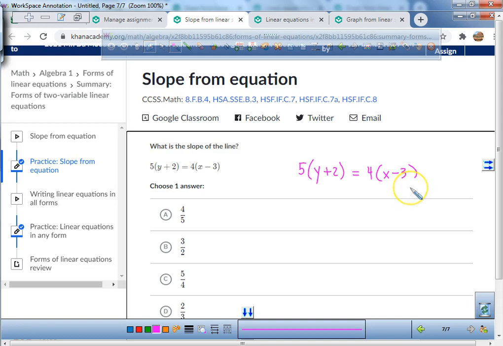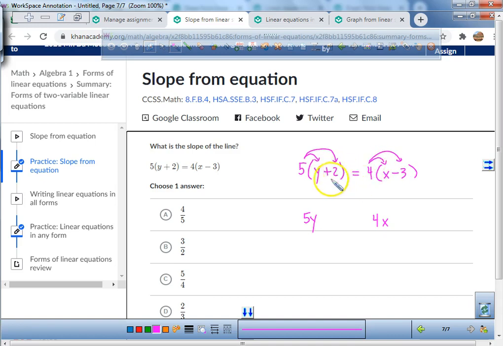All I want you to do when you see this problem is simply focus on the number that's in front of the y. If I do 5 times y, what does that give us? 5y. If I do 4 times x, what does that give us? 4x. Now, here's what you don't have to do. Normally, I would always tell you, please distribute to both.